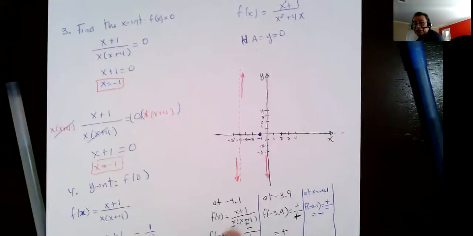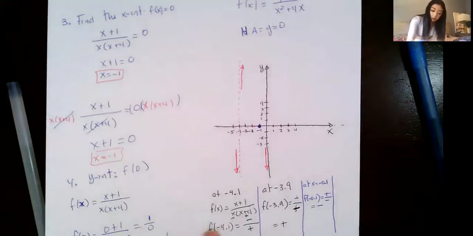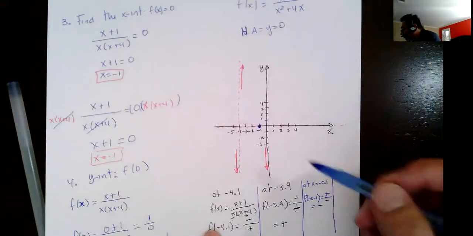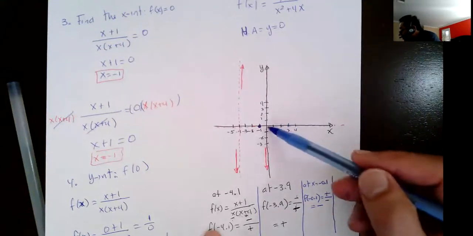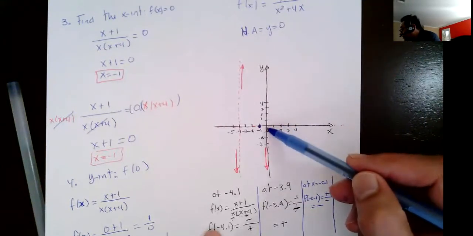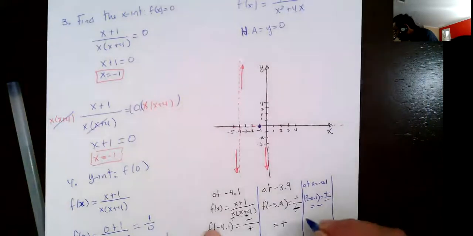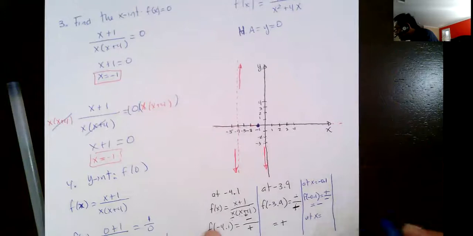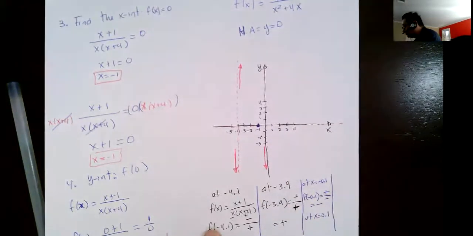Is that clear so far, you guys? All right. Now, last step, you guys. Well, we've got more steps, but we're going to evaluate to the right of the vertical asymptote at x equals 0. Let me choose 0.1.